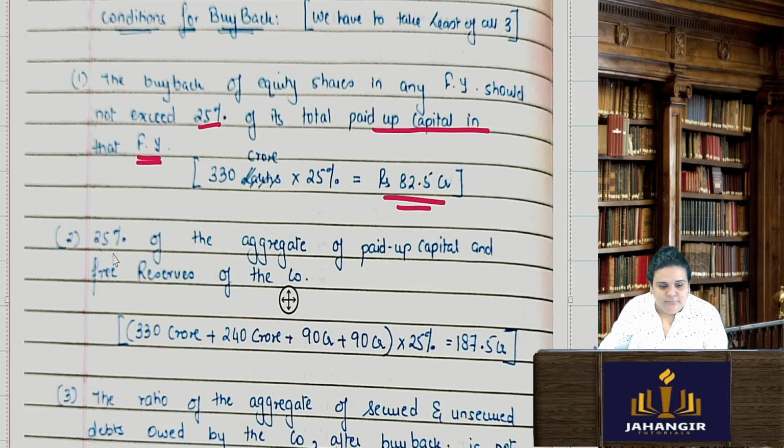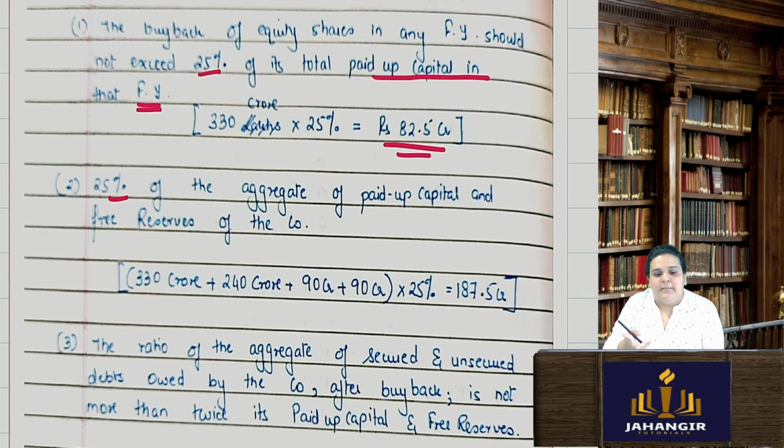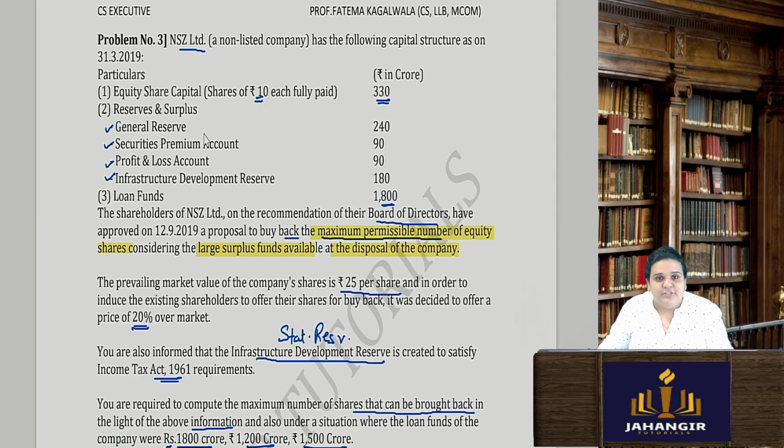Second condition, 25% of the aggregate of the paid up capital plus free reserves. Aggregate means total. So first I will do the total of my paid up capital plus all my free reserves, and of that I will take 25%. I have my paid up capital 330, and which are my free reserves? My free reserves are general reserve, then securities premium account and profit and loss account.